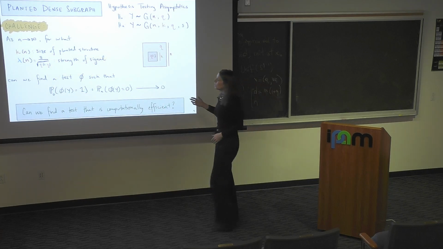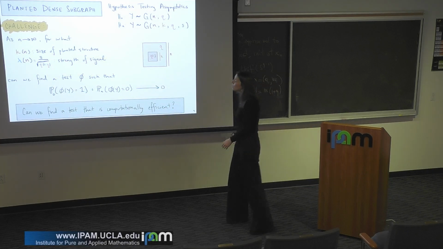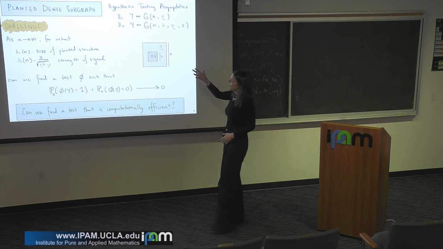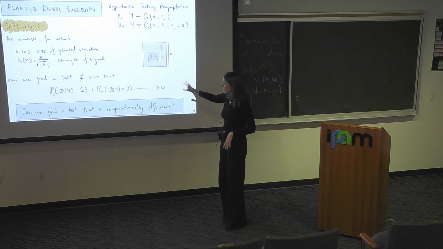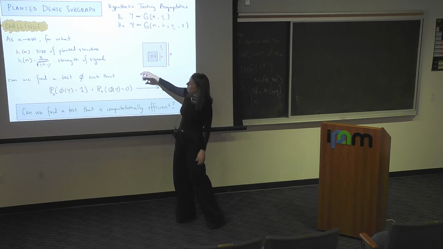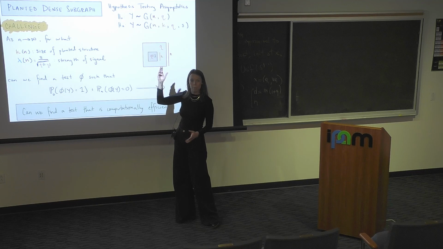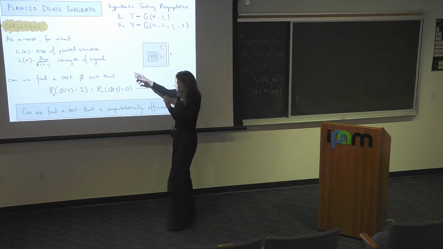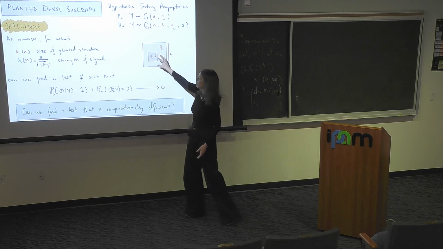The challenge becomes the following. As the size of my graph grows, for what parameters can I find a test such that asymptotically the type 1 and type 2 errors approach 0? The two parameters are the size of the planted structure, the one parameter in the planted clique, and now this other parameter that measures the strength of the elevated signal.